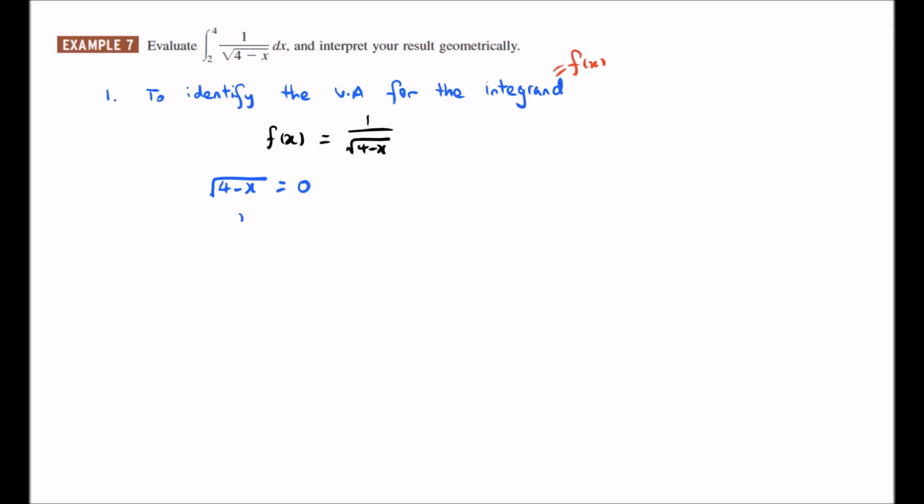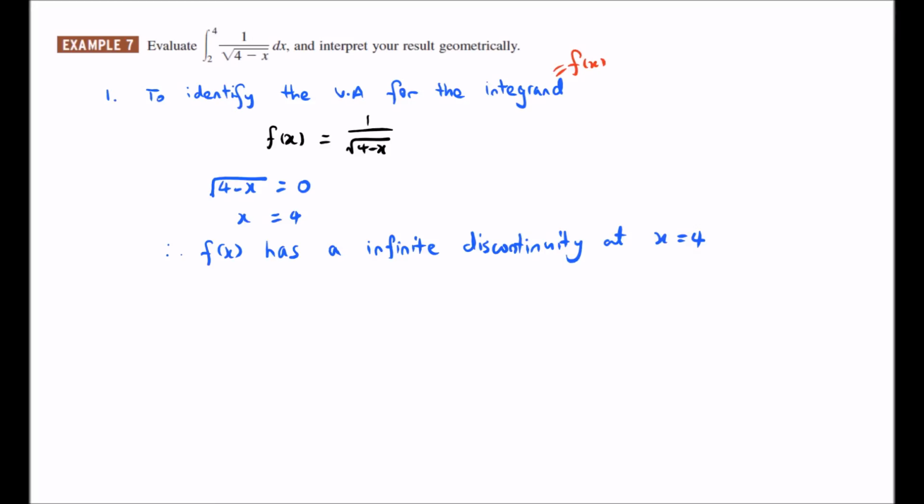As you solve, x must be 4. Therefore f(x) has an infinite discontinuity at x equals 4. So that's the first thing.